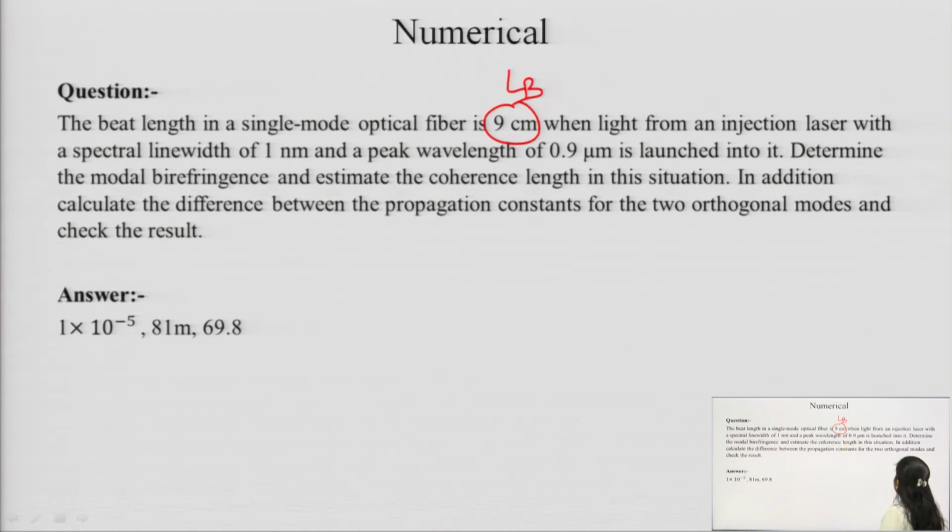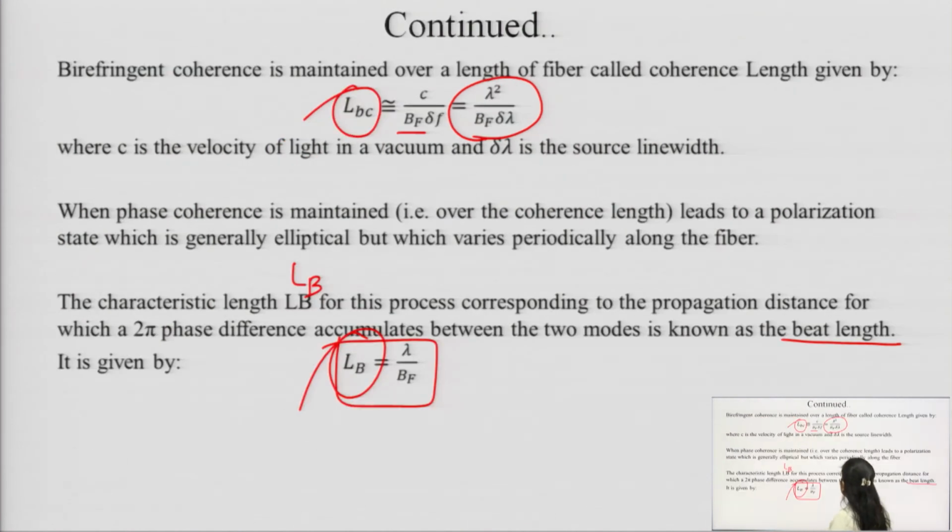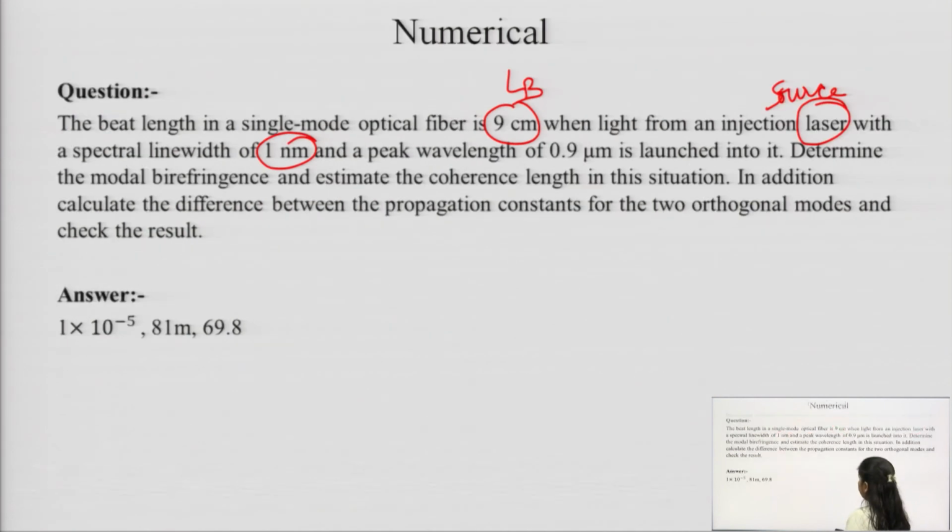When light from an injection laser, the source used here, has a spectral line width of 1 nanometer, that is del lambda, and a peak wavelength lambda of 0.9 micrometer, it is launched into the fiber.